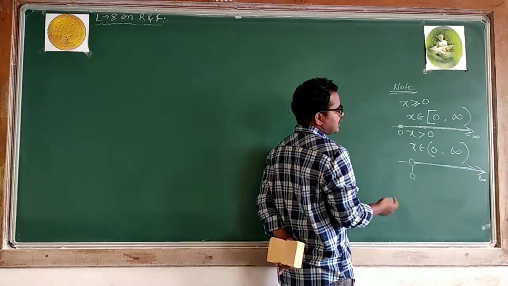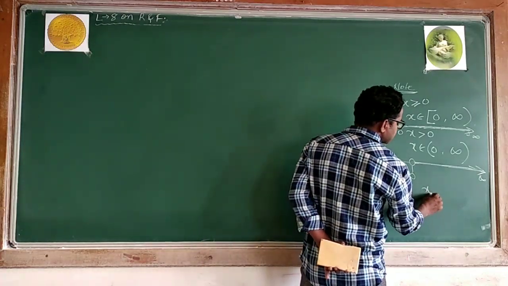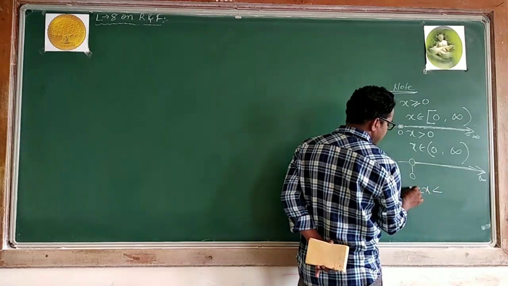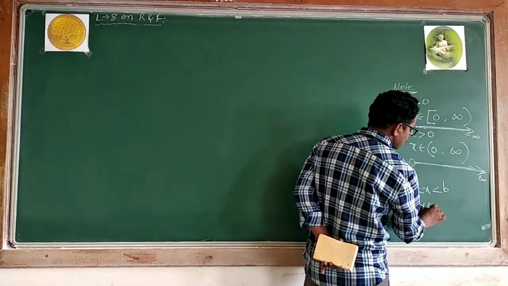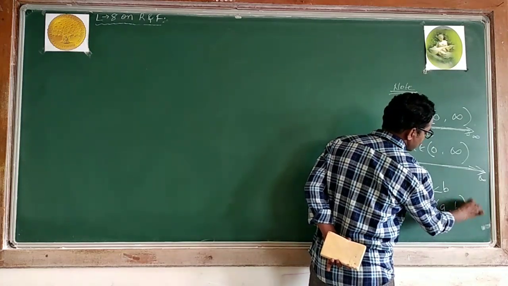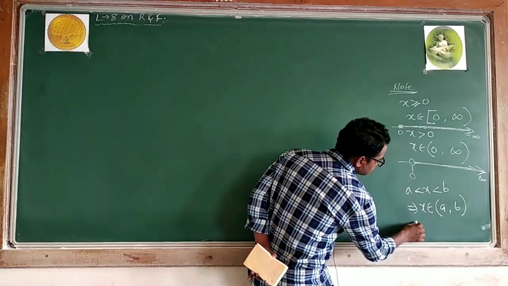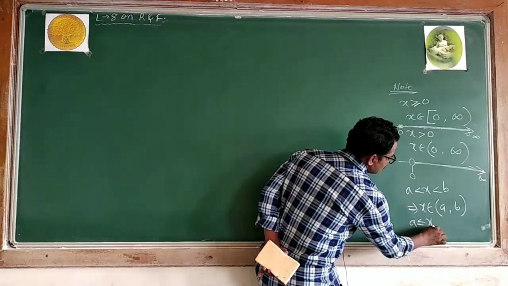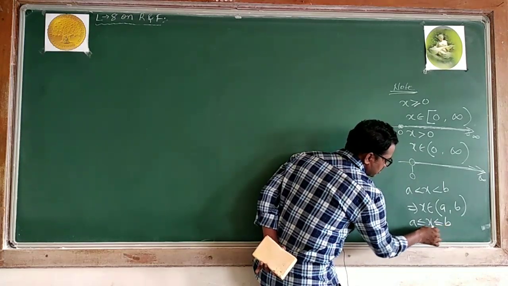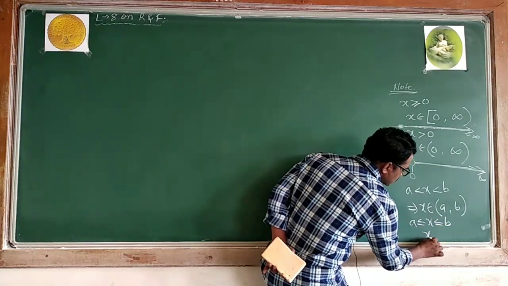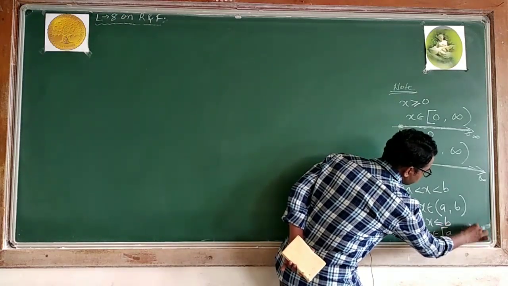Or else, if it lies in between two numbers, I can say in between them. For example, if x is greater than a and less than b, this can be written as x belongs to the interval (a, b), both open brackets. A simple bracket is considered an open bracket. If x lies between a and b, with greater than or equal to and less than or equal to, I can say x belongs to the closed interval [a, b], both closed.